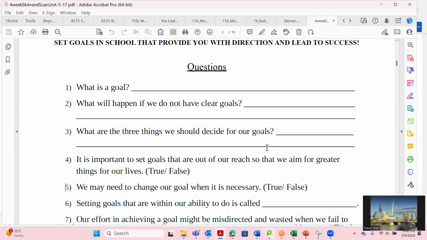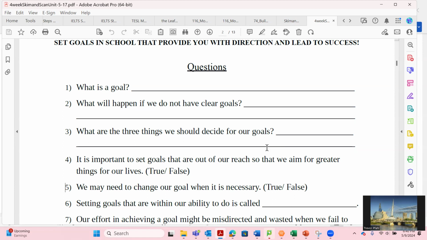And what happens if we don't have clear goals? Lack direction and focus. Yeah, so effort lacks direction and focus. What are the three things we should decide for our goals? Okay, what, when, and how.